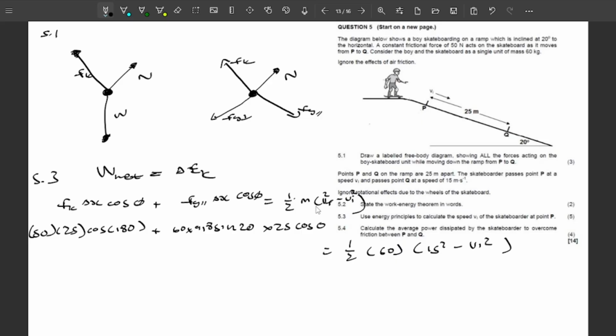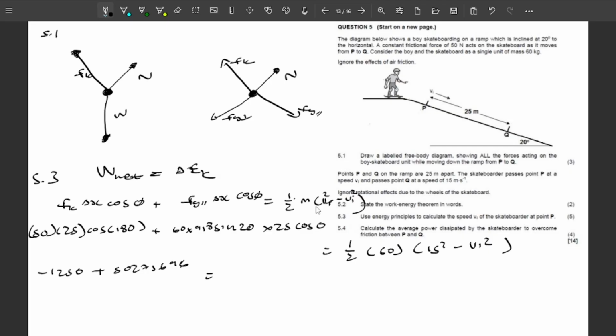So it's going to be 50 times 25 cos 180, which is just going to be negative 1250, so negative 1250, and then 60 times 9.8 times sine 20 times 25, right? It's just going to be plus 5027.696, right?